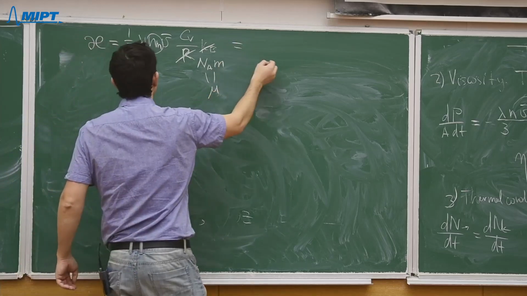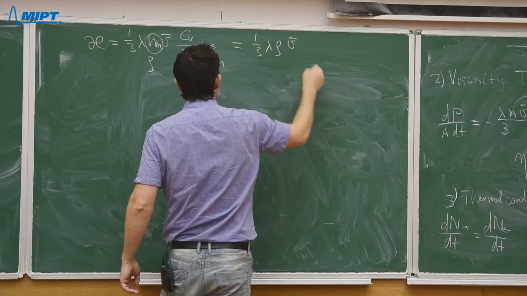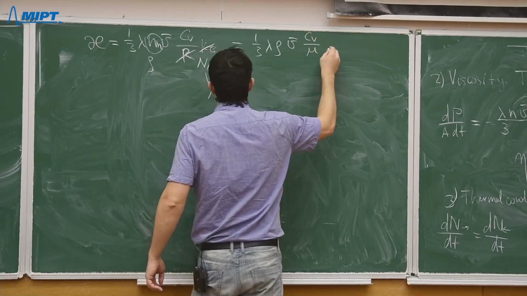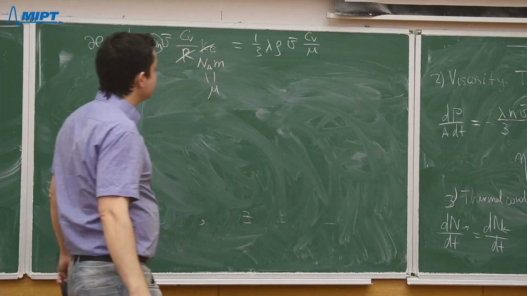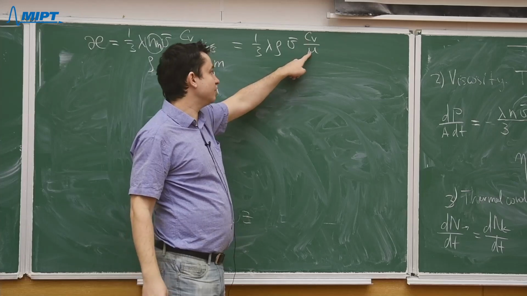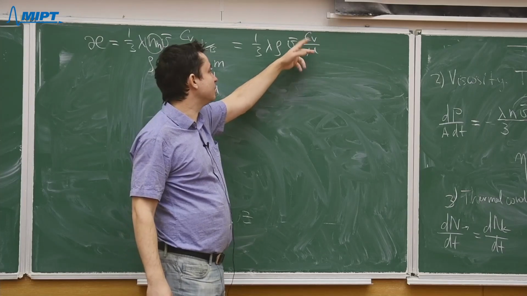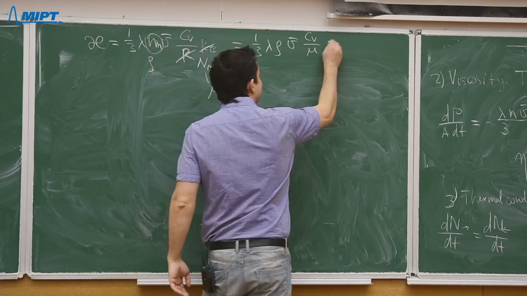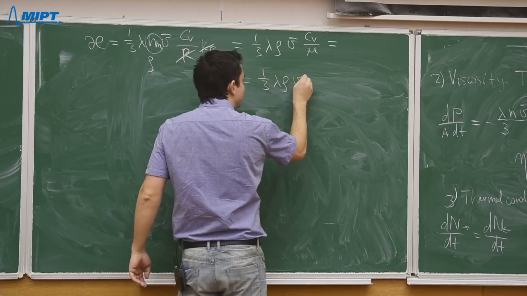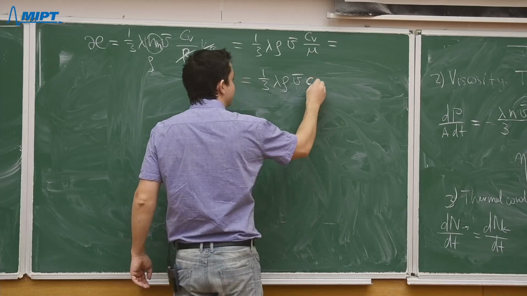So finally, I would get 1/3 multiplied by lambda times density times mean thermal speed multiplied by Cv over mu. And that looks good, because if I divide molar heat capacity at constant volume by the molar weight of the substance, what I get is actually the specific heat at constant volume.